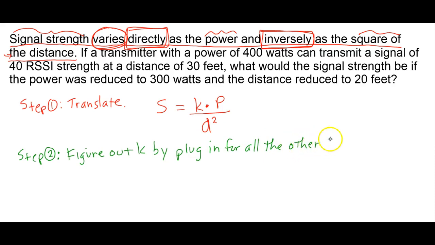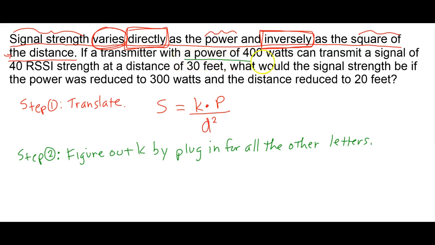Of course, that's only possible if somewhere in the paragraph they give you enough information. So you read through the paragraph, and somewhere they should tell you what happens with a particular power and a particular distance and what signal strength you end up getting out of that. So here, that turns out to be our second sentence.